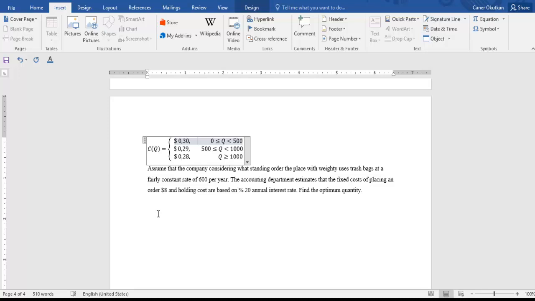So we have to find 3 quantity, economic order quantity.